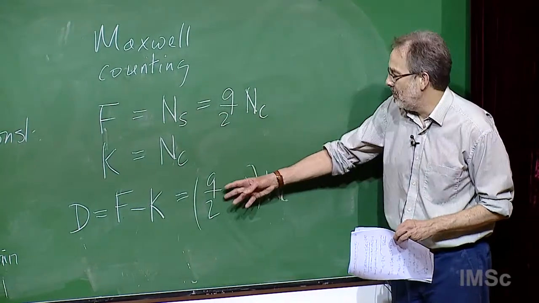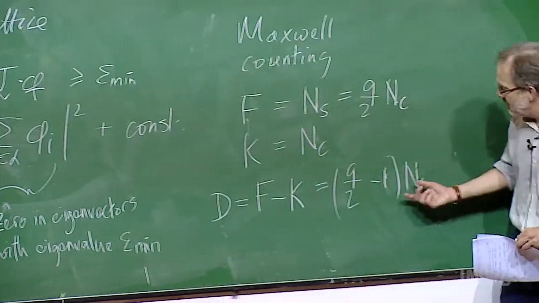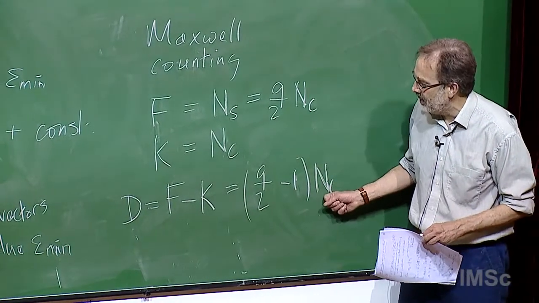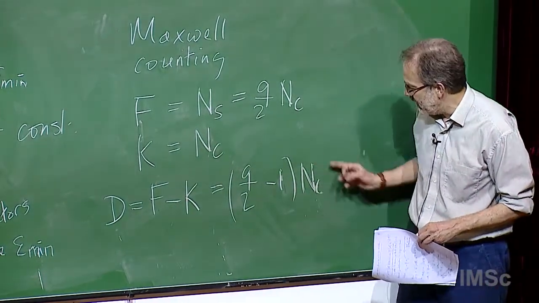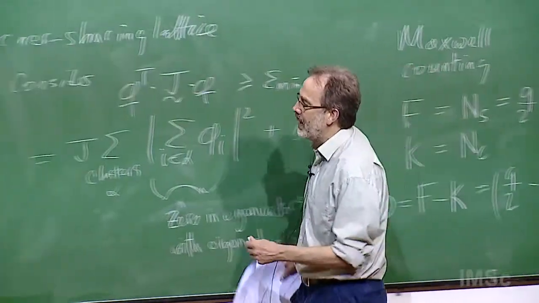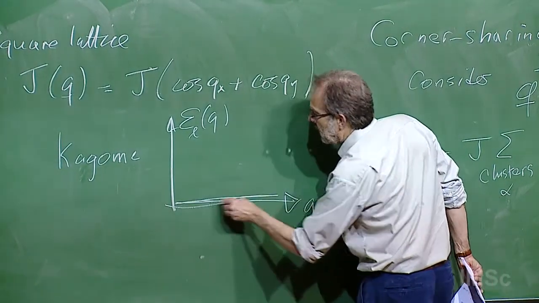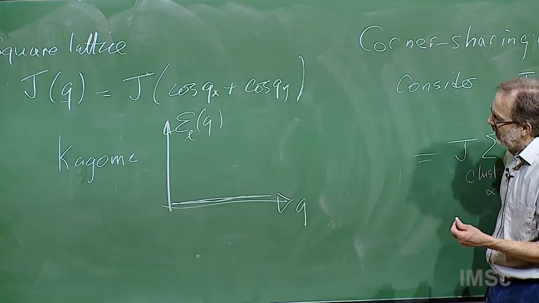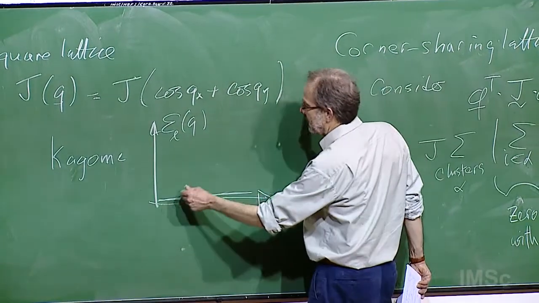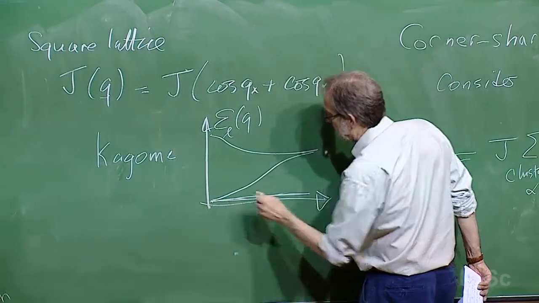What we wind up with, the important point here, is that the degeneracy of the lowest band comes out to be extensive, and the way that works is that you have a band which is completely flat. Its eigenvalue is independent of wave vector, and then you have two dispersive bands which look something like that.